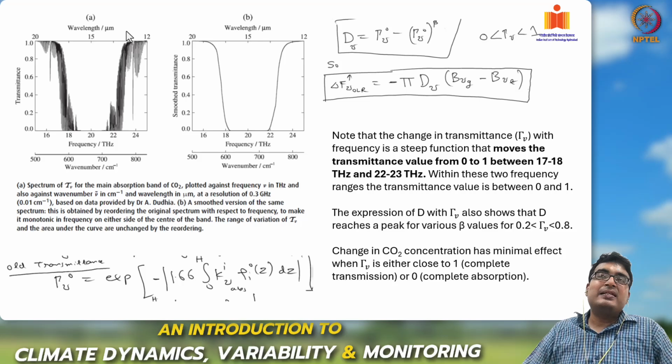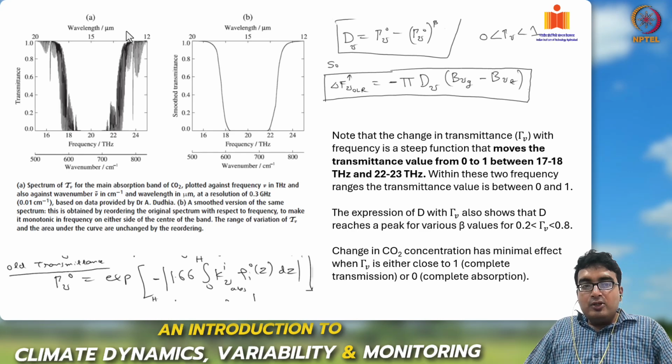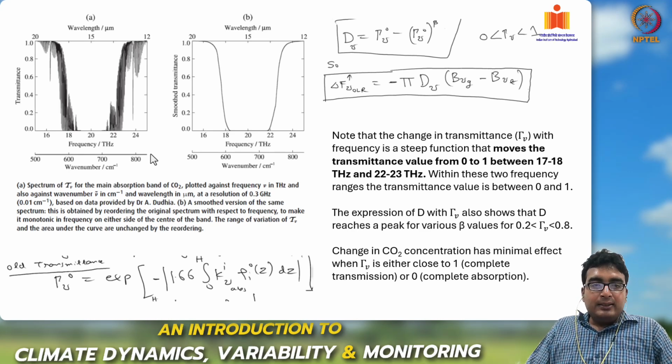Remember, we discussed the CO2 spectrum in terms of absorptance and transmittance, in terms of frequency and wavelength. So here we have looked at the frequency, wavelength and wave number. Notice here that the wavelength is increasing on this side and frequency is increasing on this side.